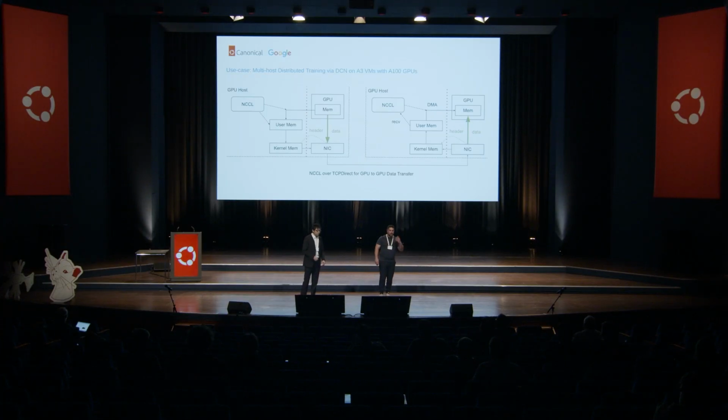Yeah, that's great. So let's talk about all of the advantages in action. A very typical use case where you have multi-host distributed training running, in Google's case, with A3, which is a machine family that has A100 GPUs.